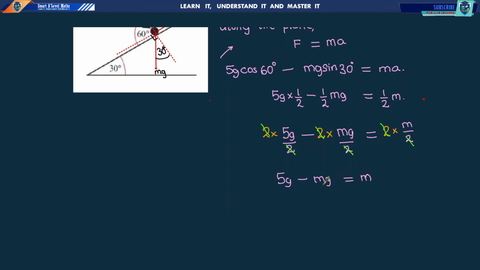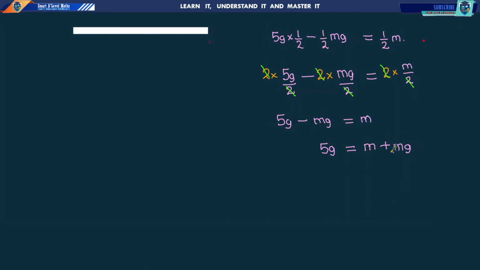Since mg has a negative sign, we'll swap it to the right hand side, and we're only left with 5g on the left hand side, and here we have m plus mg, and we'll factor out the common term, that is m. So we're going to have here 5g equals m times, 1 from the first term, plus the only thing left here, g.